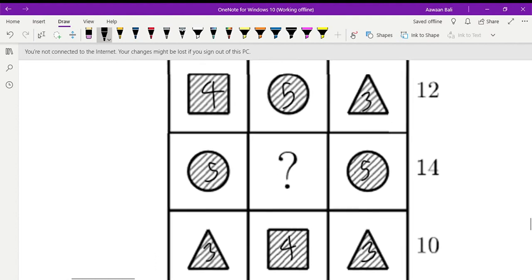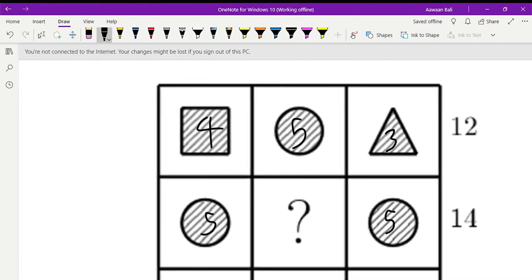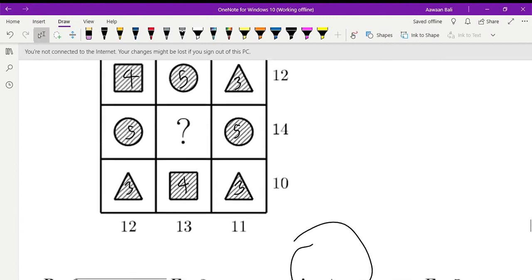Now here you can realize that there's a pattern. The square, which has 4 sides, has a value of 4. The triangle, which has 3 sides, has a value of 3. And the circle somehow correlates to 5. Well, that sounds right to me, but it's your choice and your thinking. It's just my opinion. Anyways, it's 3, 4, 5, so it makes sense in a way.